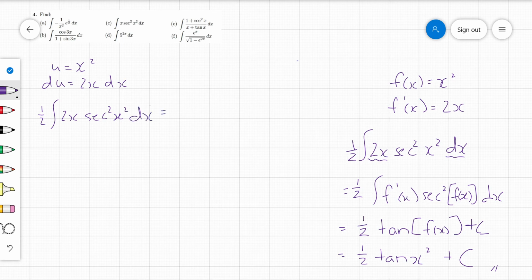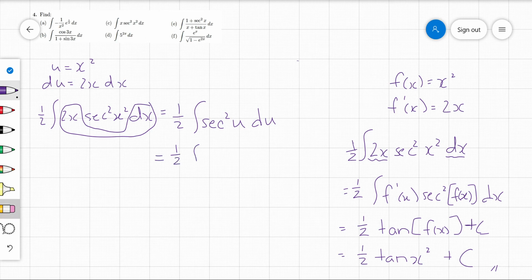So this whole bit here, the 2x dx is my du, and x squared becomes u. So that's nice and easy because sec squared u integrates to tan u. Then we've of course got plus c, and then I'll change the u back into x squared. So we get that easy.